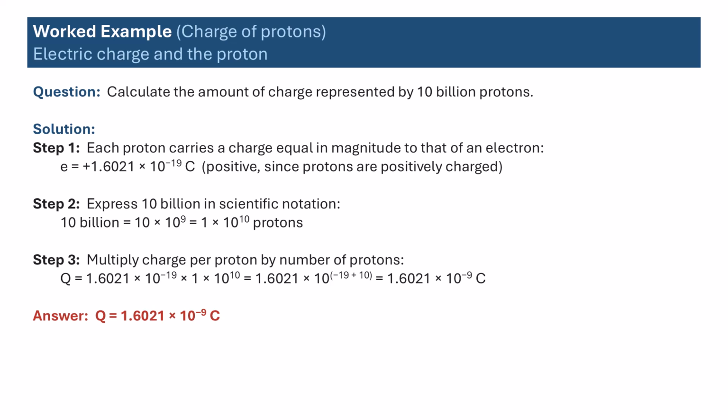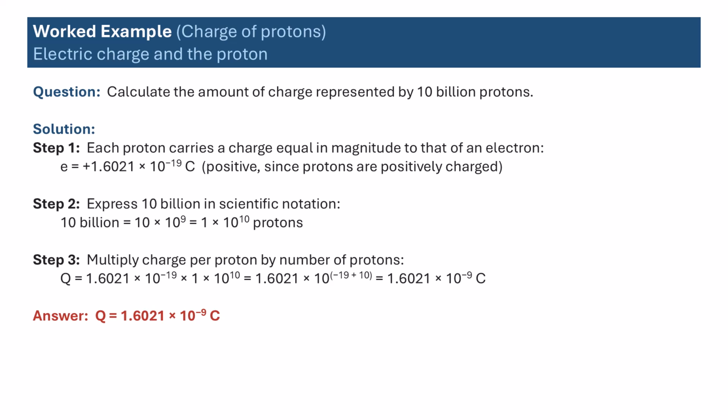The solution proceeds in 3 steps. Step 1. Identify the charge per proton as plus 1.6021 times 10 to the power of minus 19 C. Step 2. Express 10 billion in scientific notation. 10 billion equals 10 times 10 to the power of 9, equals 1 times 10 to the power of 10 protons.